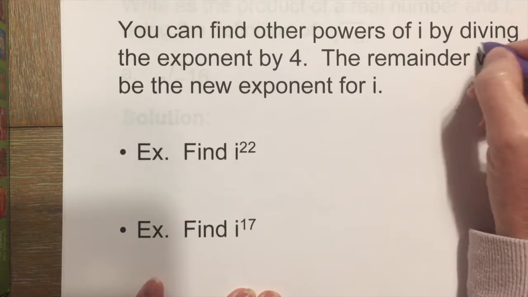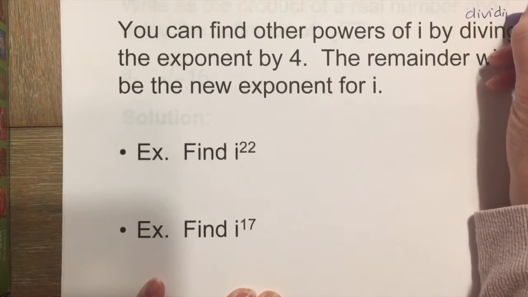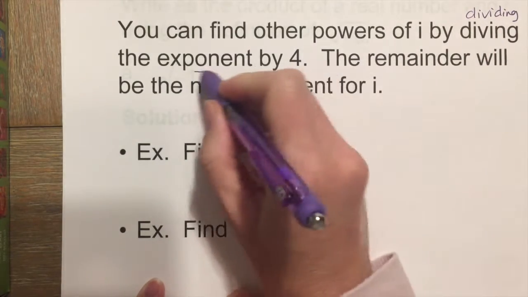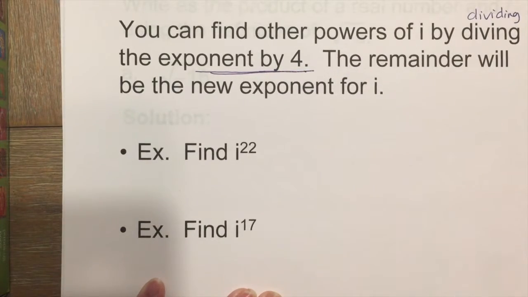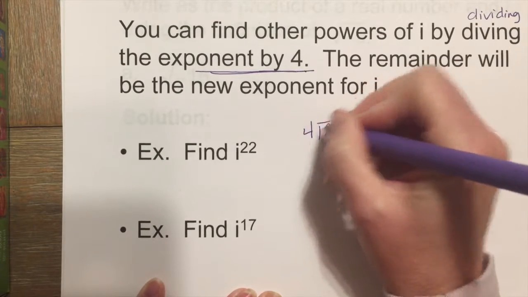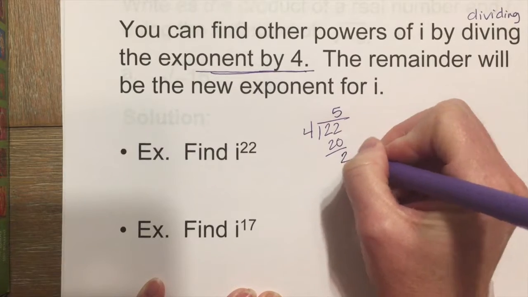Instead, we can use a shortcut. We can divide the power by 4. So in this case, we can find where on the cycle this exponent would be. So if I divide 22 by 4, I would get a remainder of 2.